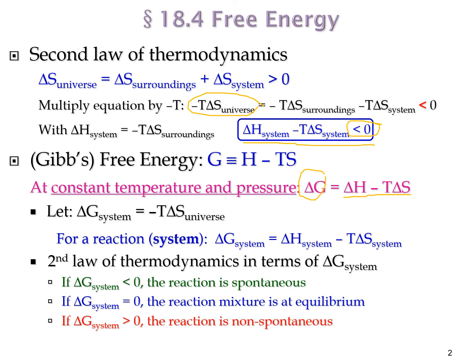If delta G of the system is greater than 0, the reaction is not spontaneous. In other words, the reverse reaction becomes spontaneous. If delta G of the system equals 0, now we understand that the reaction is at equilibrium. That is in the dynamic balance.